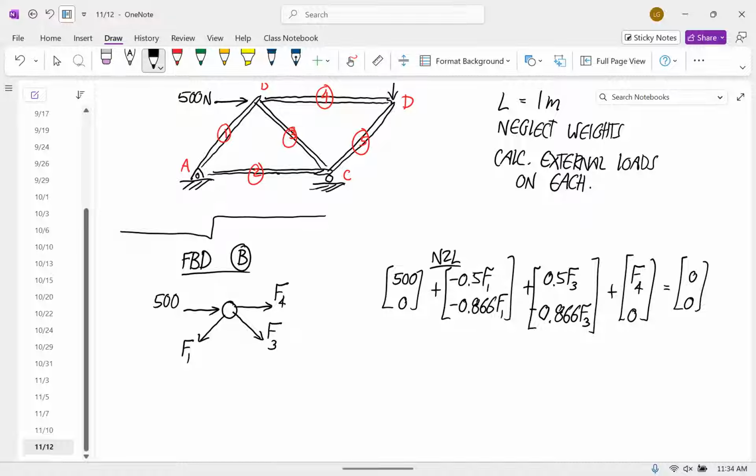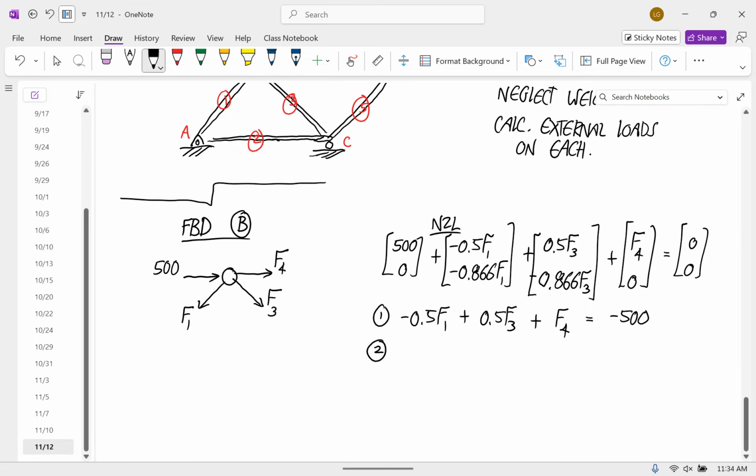So I'll start my list of equations. The first equation here says negative 0.5 F1 plus 0.5 F3 plus F4 is equal to negative 500.